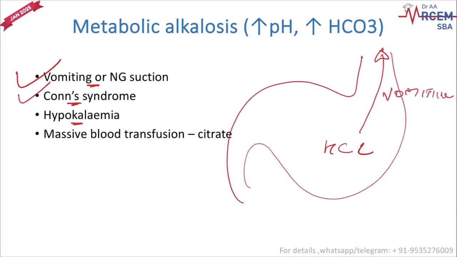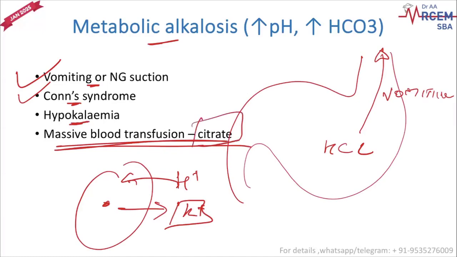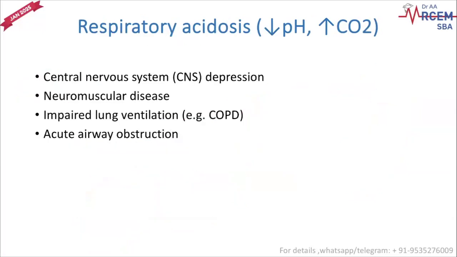Hypokalemia itself will push hydrogen ions inside the cell in exchange for potassium to bring the potassium into the normal range, which can lead to metabolic alkalosis. Massive blood transfusions cause metabolic alkalosis mainly because the blood is stored in a citrate medium. The presence of citrate can trigger a metabolic alkalosis.